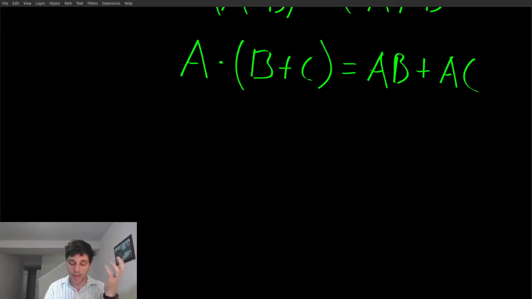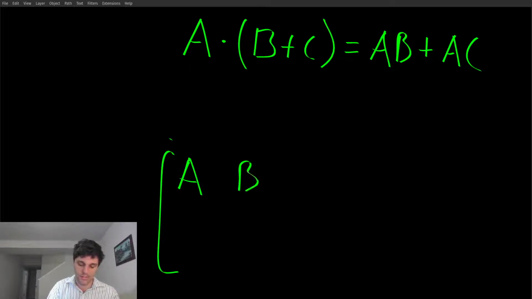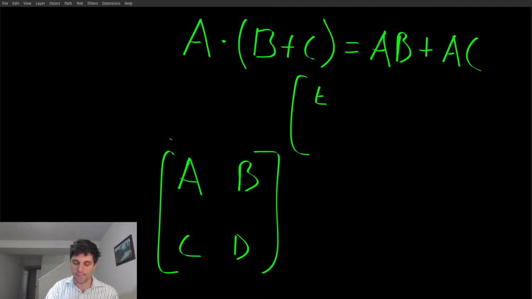And in general, if you have block matrices, so let's say I have a matrix that's made up of 4 submatrices, A, B, C, D, and then I have another one that's E, F, G, H. This works, and you do a matrix multiply here. This works exactly as if it were elements in a 2 by 2 matrix, or in general an n by n matrix.